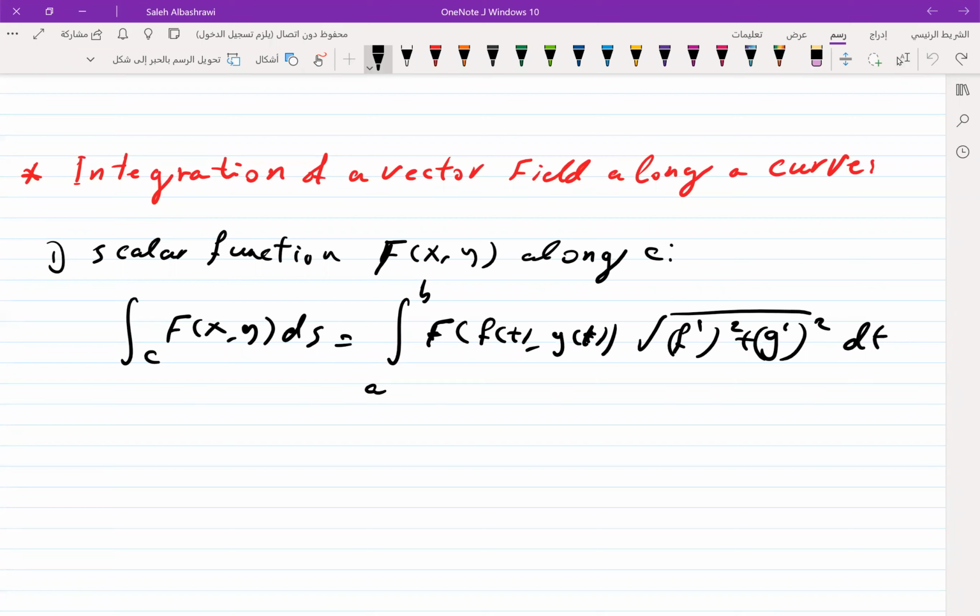This was the formula for integrating a scalar function along a given curve C.